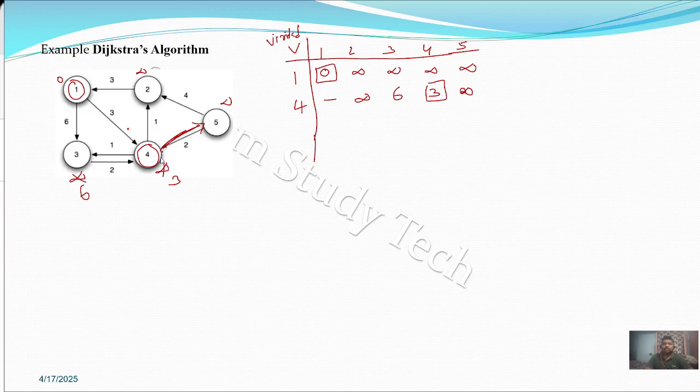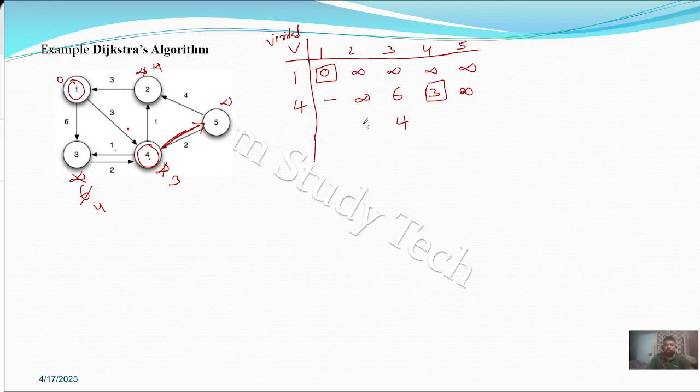Now the third step is, 4 is the visited vertex. So here it is 4 to 3. Here it is 3 plus 1, 4. So here the 6 is there, so 4 is the minimum, so we can update it. So here it is 4. And 3 plus 1 is 4, but infinity is there, so 4 is the minimum, so we can update it.